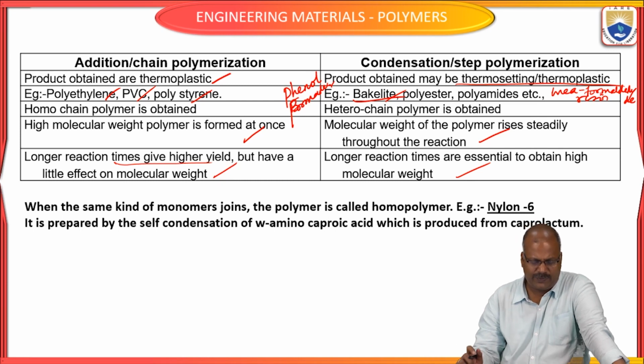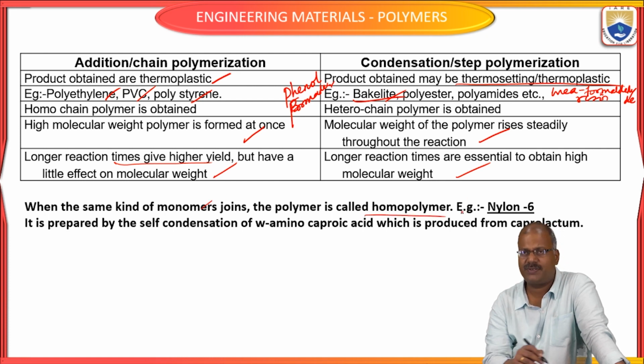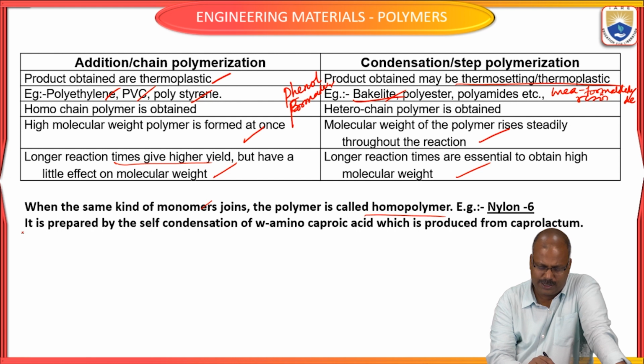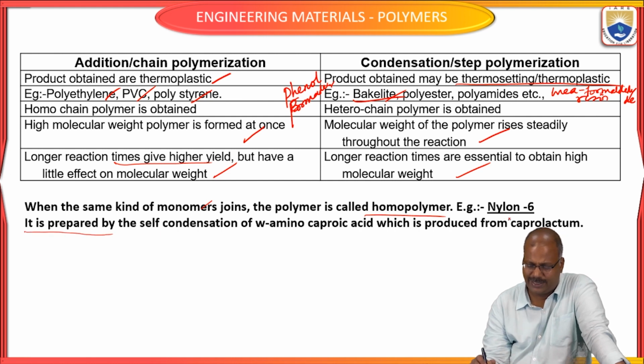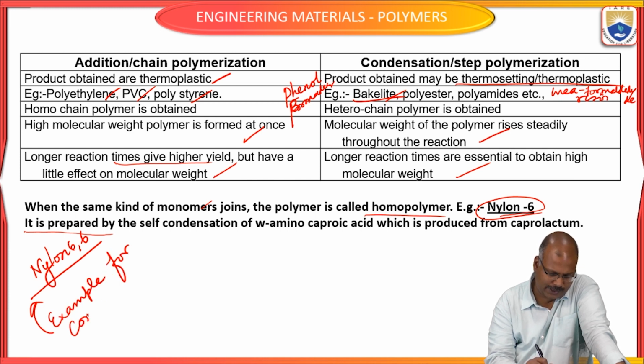When the same kind of monomers join, the polymer is called a homopolymer. We have seen the classification. Here, example nylon 6. We have seen nylon 6,6 as an example of a condensation polymerization reaction in the last video.